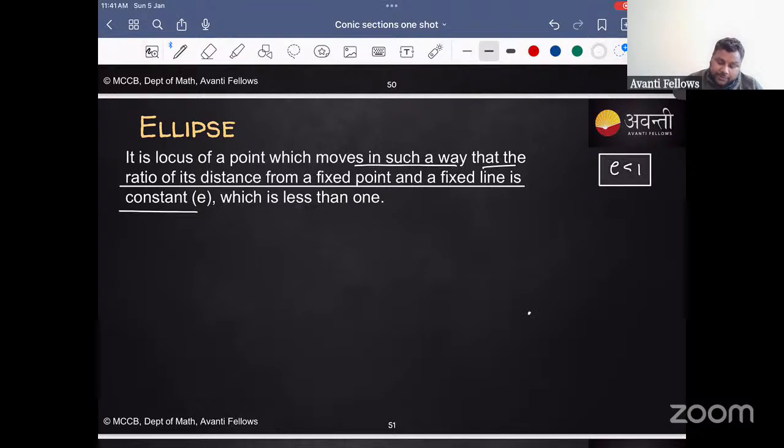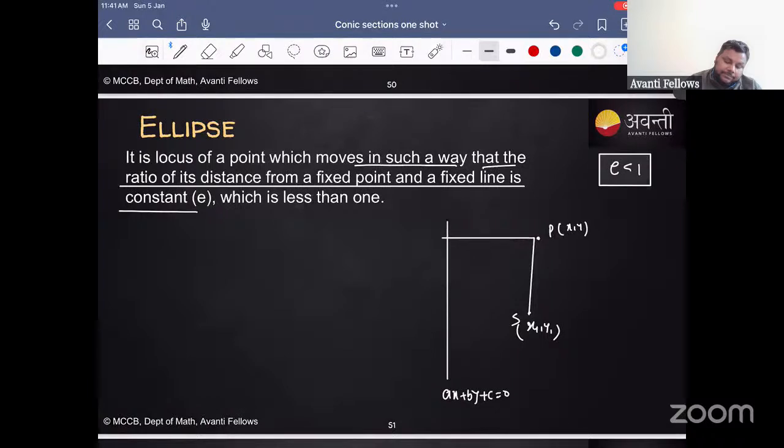Say there is a point x1 comma y1, and there is a line, say the line is ax plus by plus c equal to 0. We are trying to find the locus of this point P(x, y).